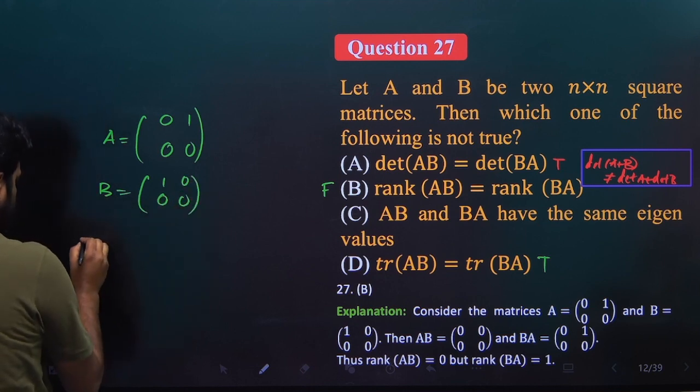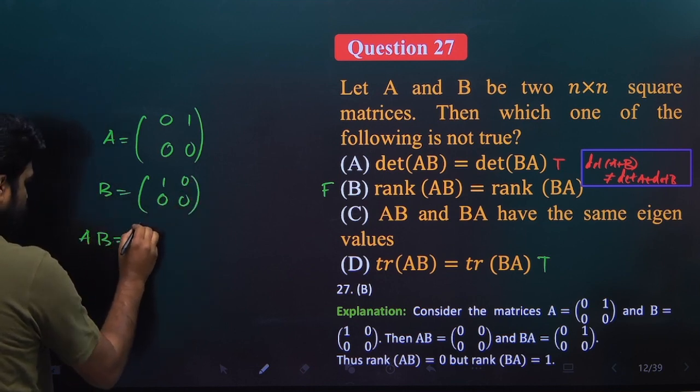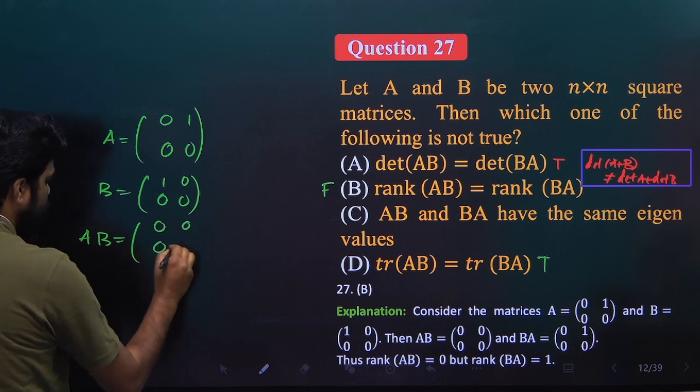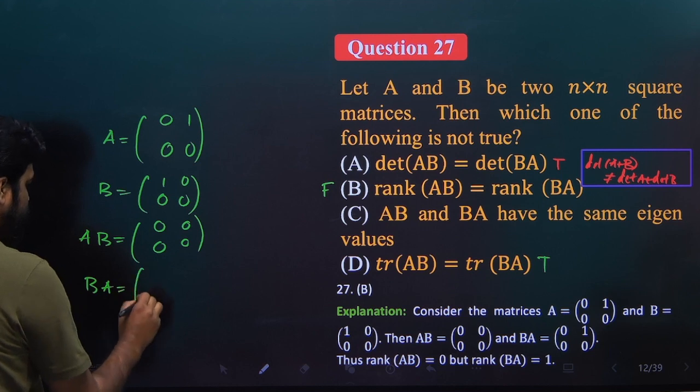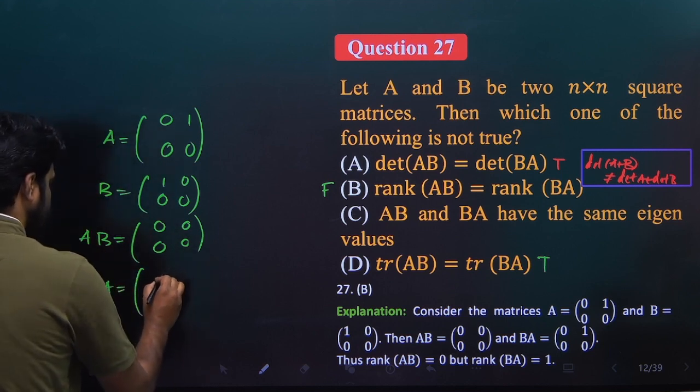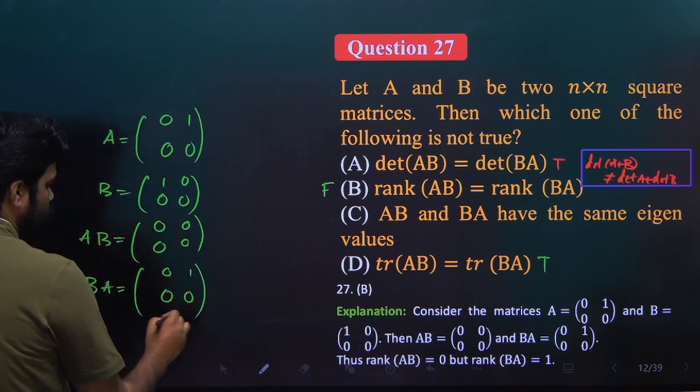If we multiply, AB will be 0 0 0 0 and BA will be 0 1 0 0.